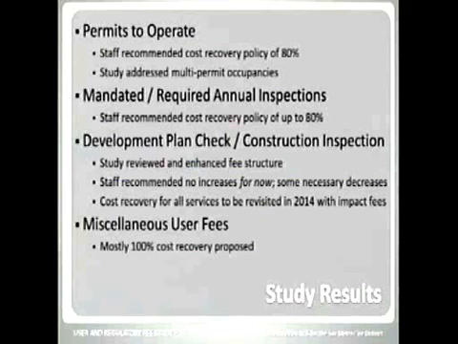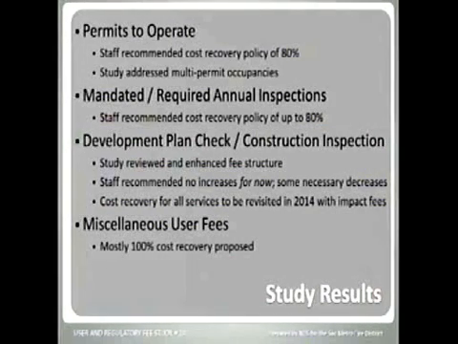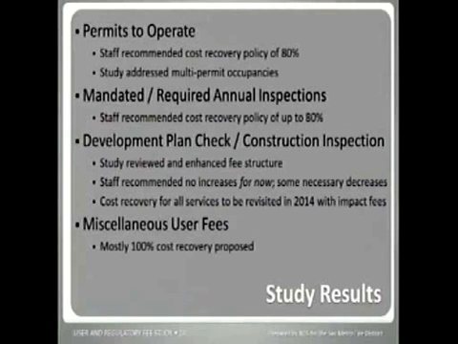That was probably the main focus of our efforts, bringing things up to industry standard and best practices in the way fees are charged. And there are no recommended increases there for now. Probably we'll be revisiting those more in 2014. Miscellaneous user fees were mostly 100%. A lot of those are based on actual cost for specific types of incidents and scenarios that happen out there.